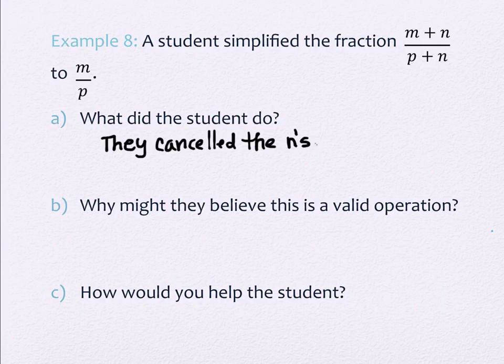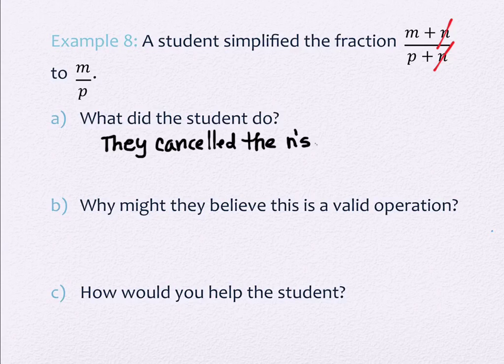If you asked them, that's probably the word they would use too. They would probably say, I just canceled the ends. If they drew it on the picture, they might even draw this. You might see that happen. Why do you think they might have done that? Why would they think that that's a valid operation?